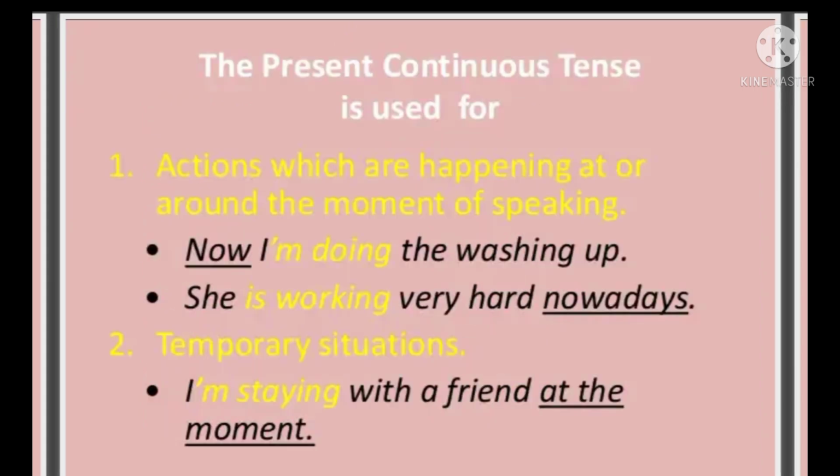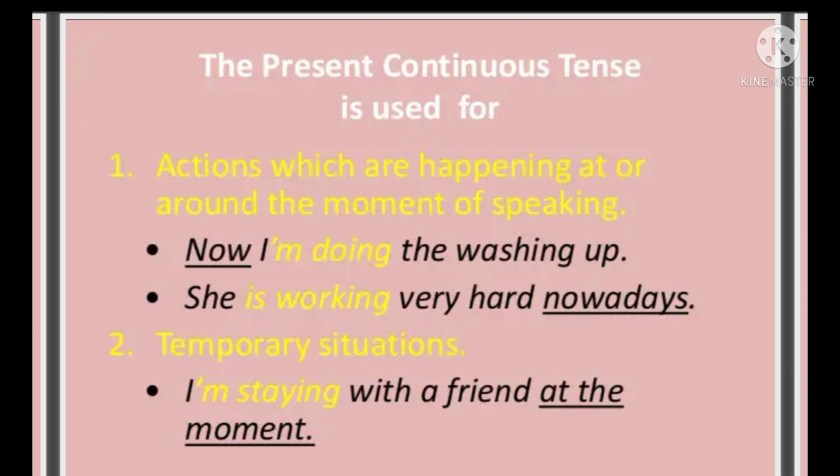Present continuous tense, its usage. We had seen how we use simple present, so we will discuss how present continuous tense is used. This is used for actions which are happening at or around the moment of speaking. Now I'm doing the washing up. She is working very hard nowadays.